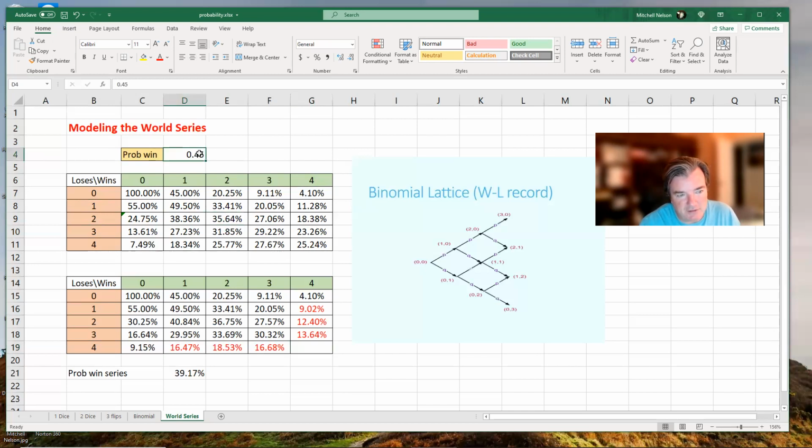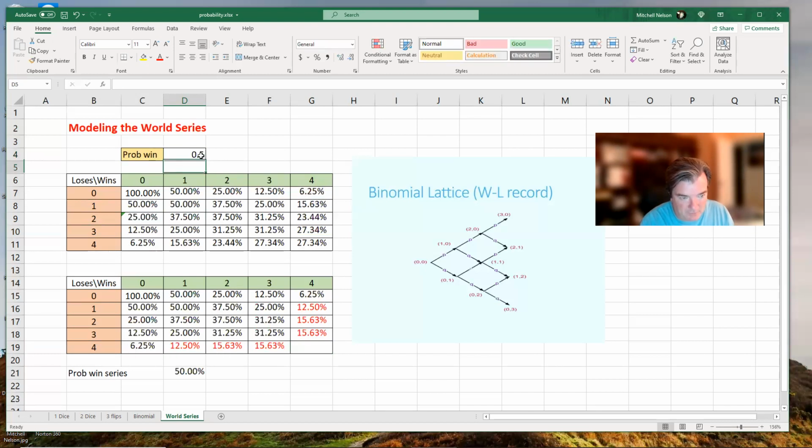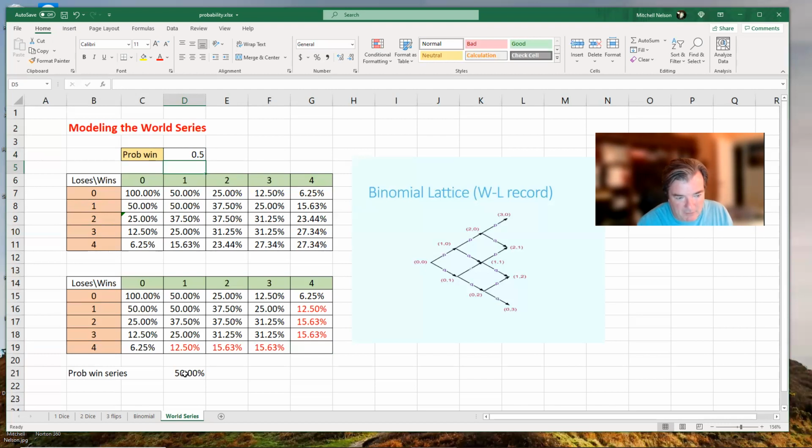So let's say two teams are playing each other and they each have a 50-50 chance of winning an individual game, then the probability, of course, and it makes sense, you'd have a 50-50 shot of winning the series. But if one team is a little bit worse than the other one, let's say the team that's a little bit worse has a 45% chance of winning each individual game, then you might ask yourself, what's the probability that they could win the whole series?